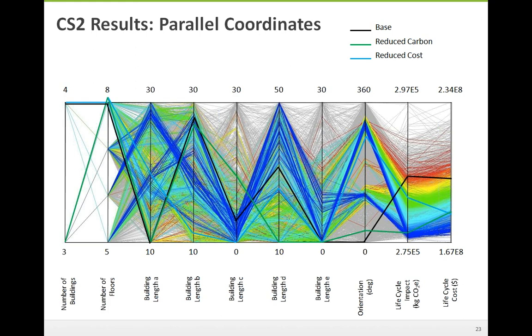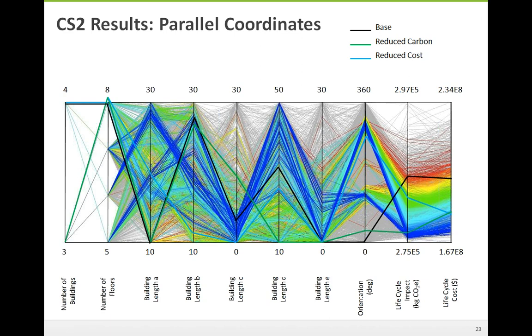The darker colors are the most efficient from a cost or carbon perspective. If you trace those back through all of the different design variables, you can see the blue areas correspond to the ranges of each of these variables where there are efficient designs.